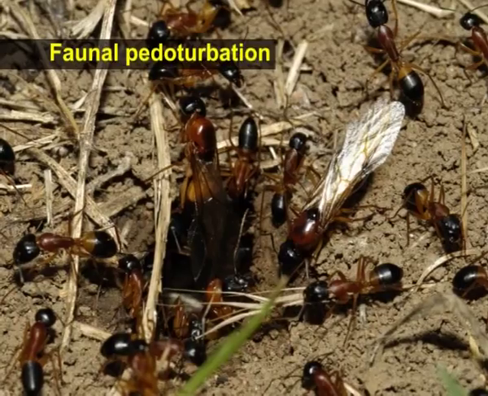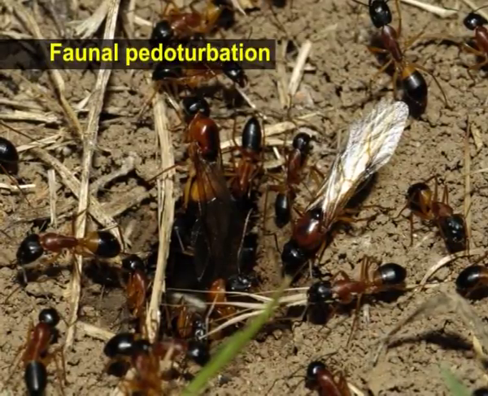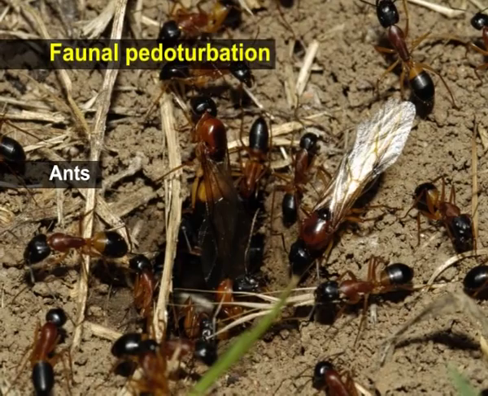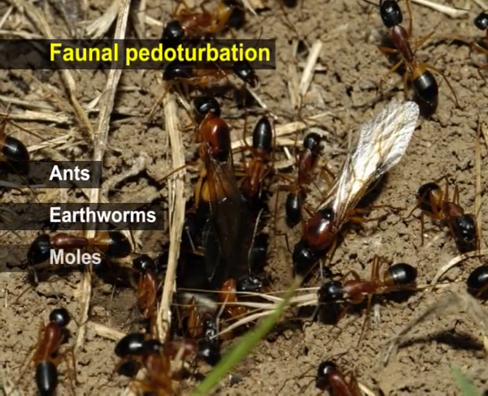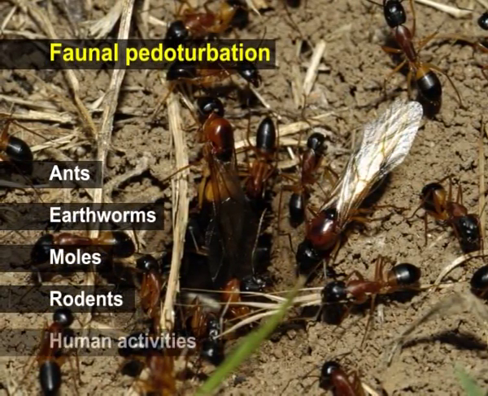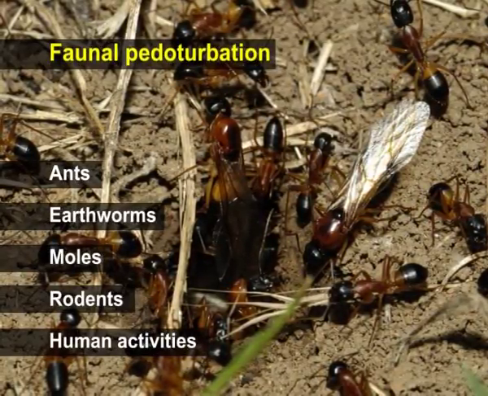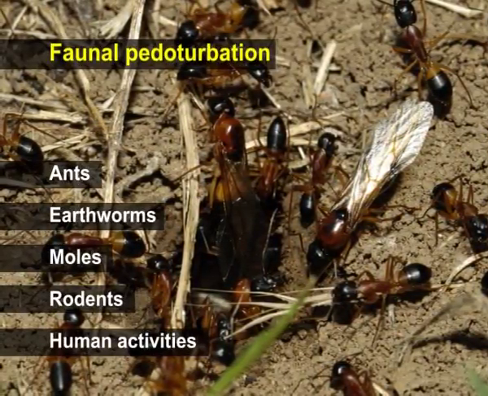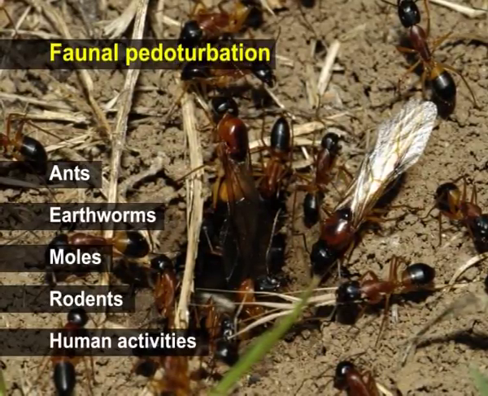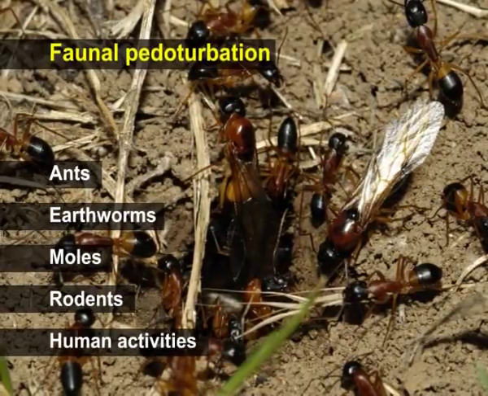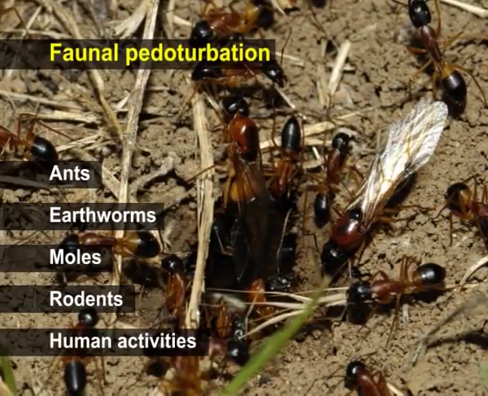The most common types of pedoturbation are faunal pedoturbation. It is the mixing of soil by animals such as ants, earthworms, moles, rodents and human activities. Activity of bacteria is yet another important cause of pedoturbation. Termites are especially important in tropical climate regions.